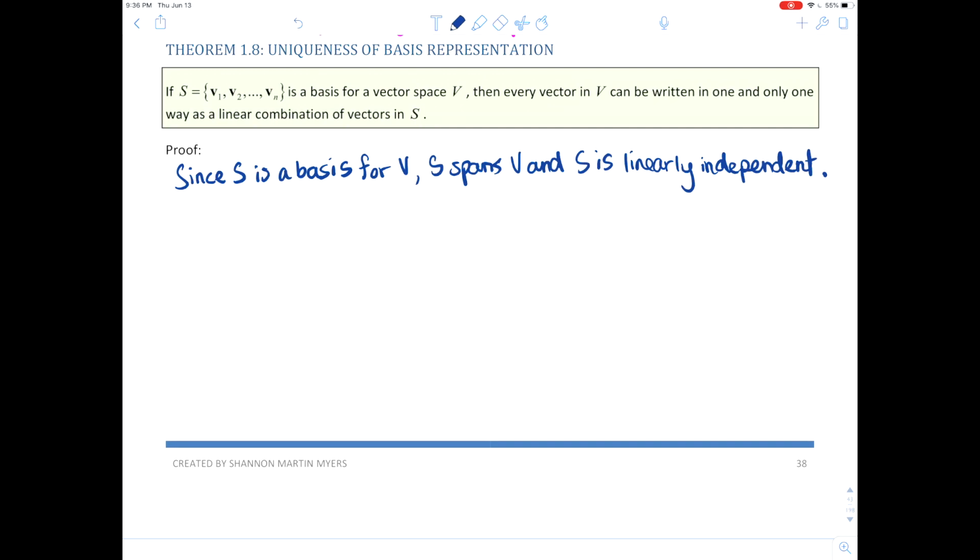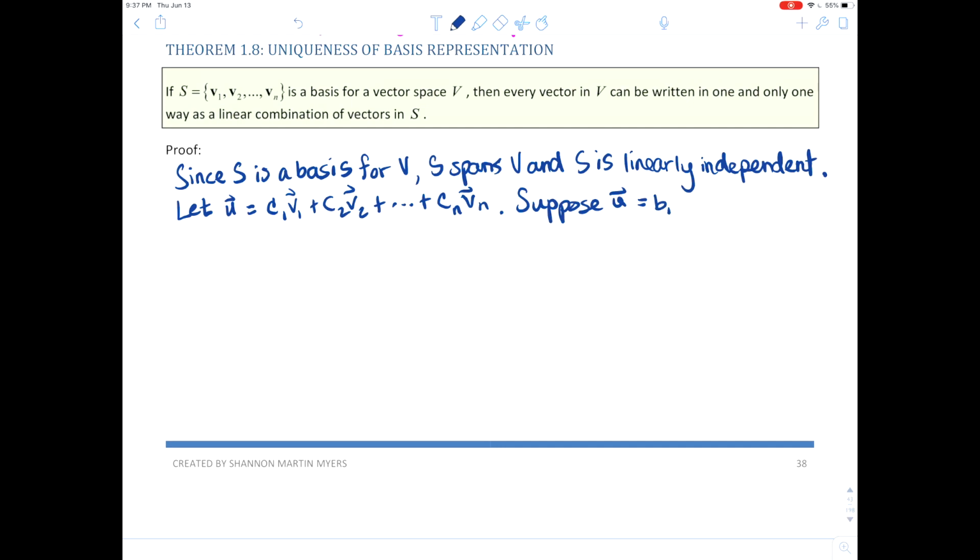Cool, cool. So, if we let some vector U equal to a linear combination of the vectors in V, suppose U could also be written differently, right?